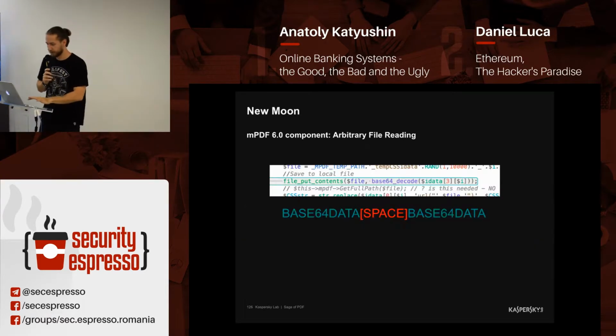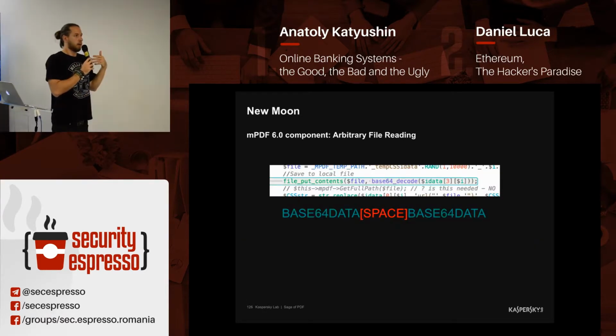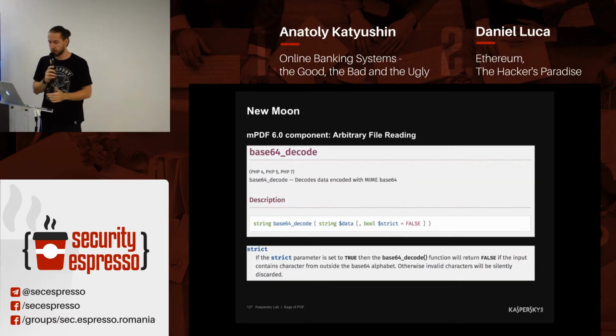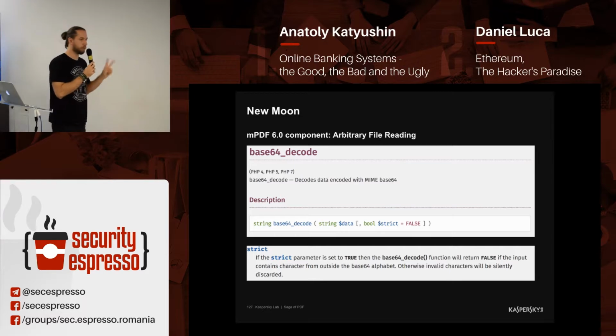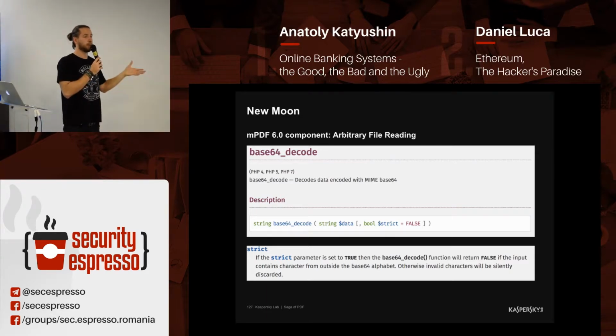Please take a look at spaces, because how will the data be converted? How will it be decoded using base 64? We just took a look at this function in PHP, and it says that there are two parameters. The first one is data, the second one is strict, and it's set to false by default. So if it's set to true, the function will return false if there are any characters outside of the base 64 alphabet.